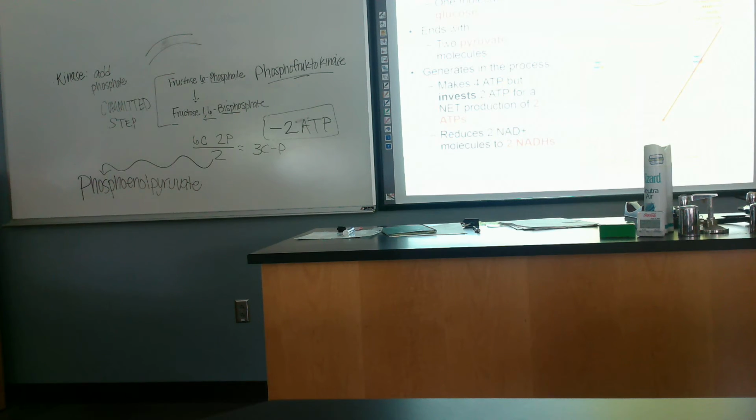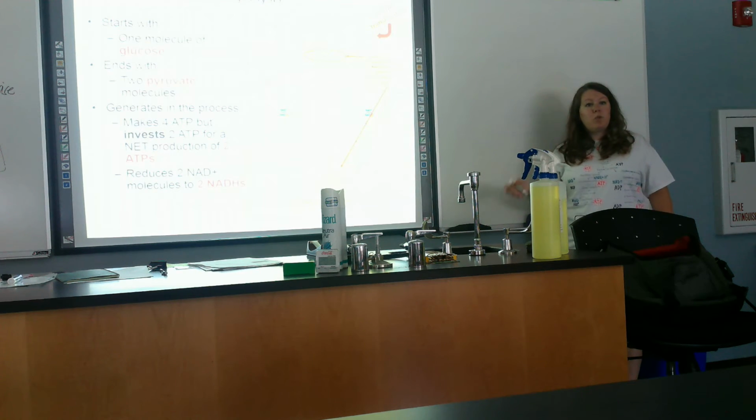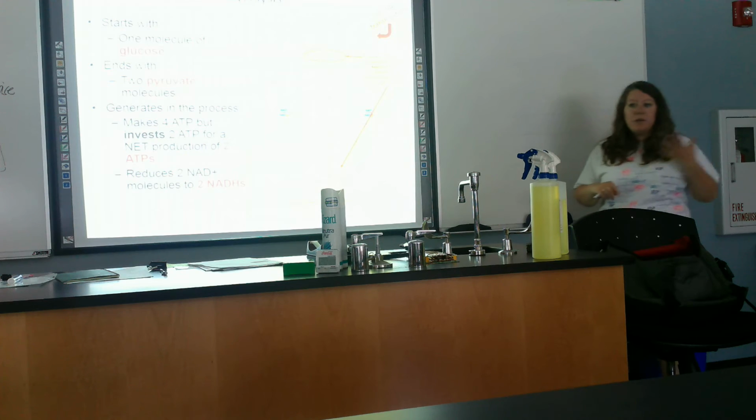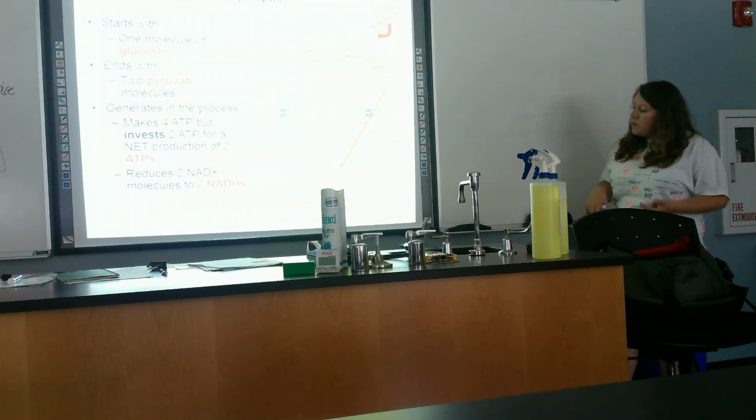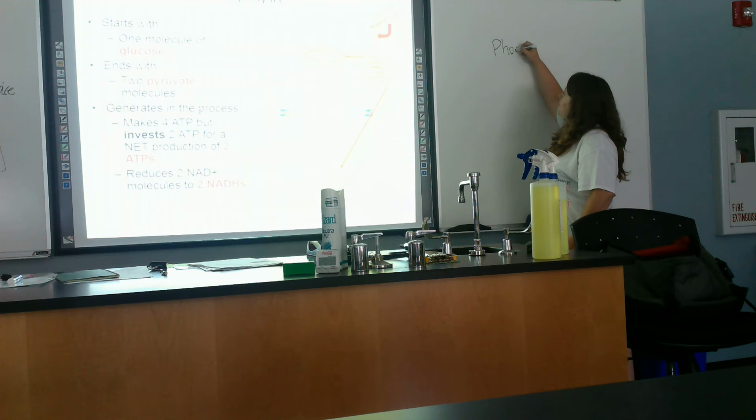We're not going to spend money in glycolysis unless we know that it's going to be worth it. So the product of this being pyruvate, right? Unless we know that we need pyruvate, we're not going to follow glycolysis all the way through. We're not going to invest that money unless we know that we need to. So not quite pyruvate, but phosphoenol pyruvate, which is right before pyruvate.